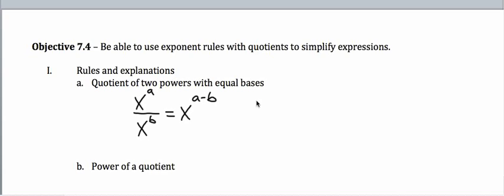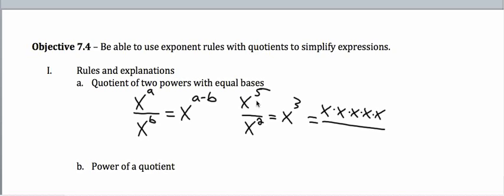So a specific example, again, would be x to the fifth over x to the second is equal to x to the third. A good way to show this is if we expanded this out and wrote 5 x's up here and 2 down here, you would have a bunch of fractions that could be simplified.